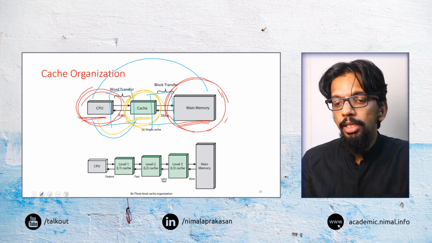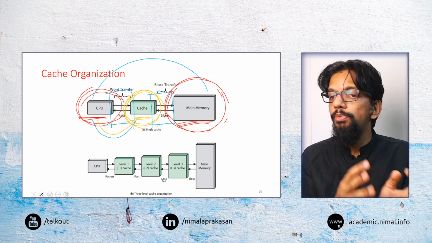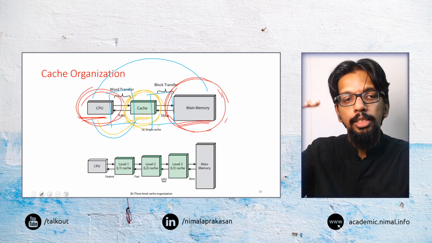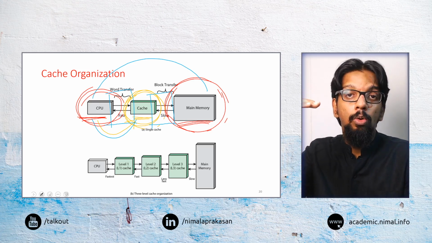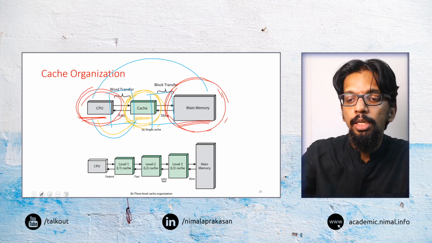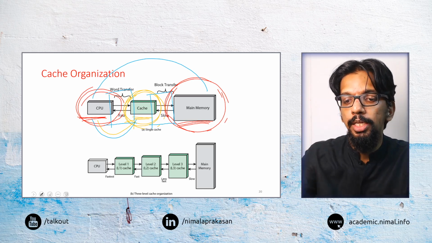One of the other things we can do is, because we have various memory technologies with different speeds, and based on the understanding of memory hierarchy, it may not always be possible to have a large amount of faster memory. So what we can do is again have a hierarchy of cache memories.